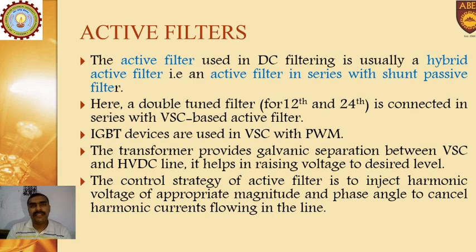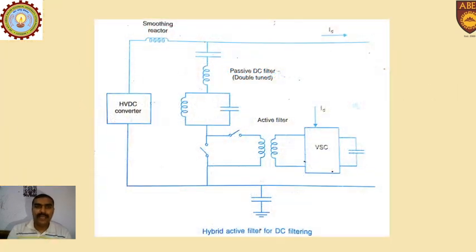The control strategy of the active filter is to inject a harmonic voltage of appropriate magnitude and phase angle to cancel the harmonic current flowing in the line. So this is the connection methodology of the hybrid active filter.